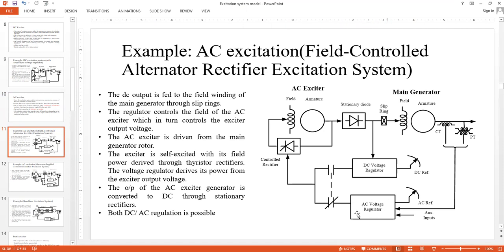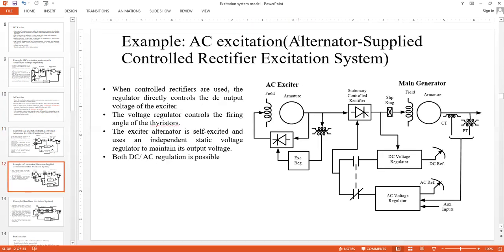If somehow it fails to provide the necessary control, then the DC voltage regulator should come into action. Of course, they are mutually exclusive: if this path is closed, then this should be open, and vice versa. Here the control is provided in the field circuit of the AC exciter, and this is the intermediate rectification required for converting the AC to the DC, which is fed ultimately to the field circuit.